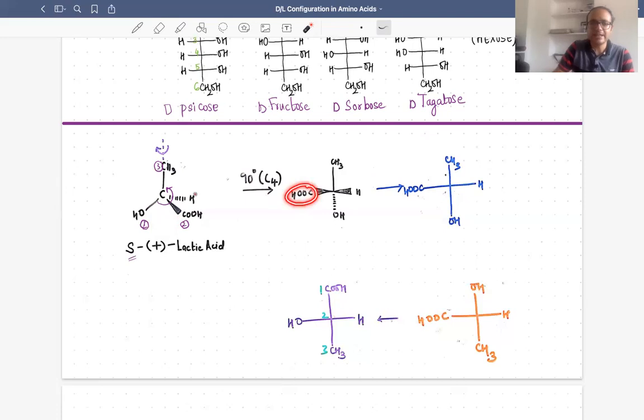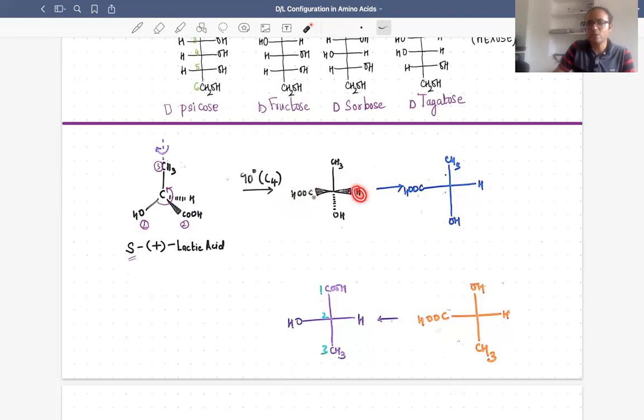Similarly, the H that was initially on the back side, when I am rotating clockwise, will come to the front side and on the right side. It will still be on the front side, but it will move to the left side of the molecule. So when you rotate it like this, you get the COOH here, and the H that was on the back side will come on the right side.